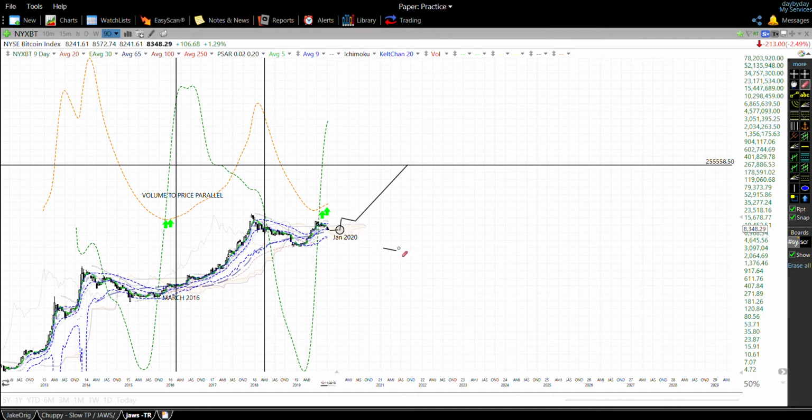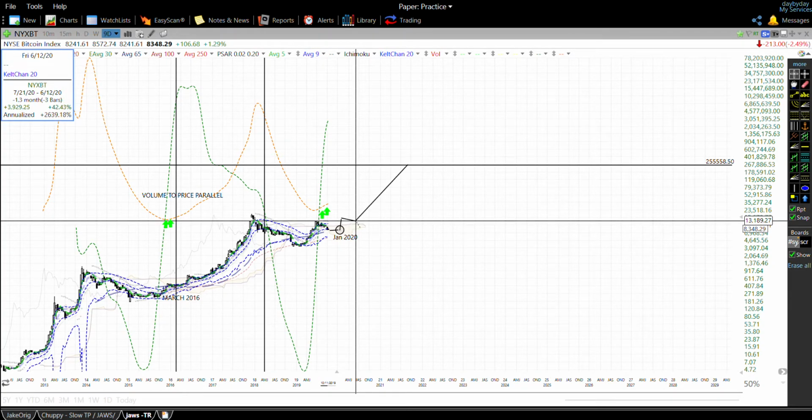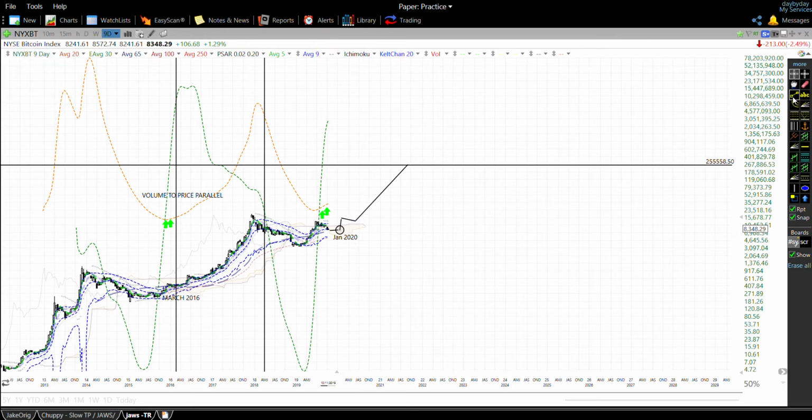And that curve leads us to a date range of approximately June of 2020. So I can go ahead and label that June of 2020 here, 6/2020, for some kind of expectation in the future.